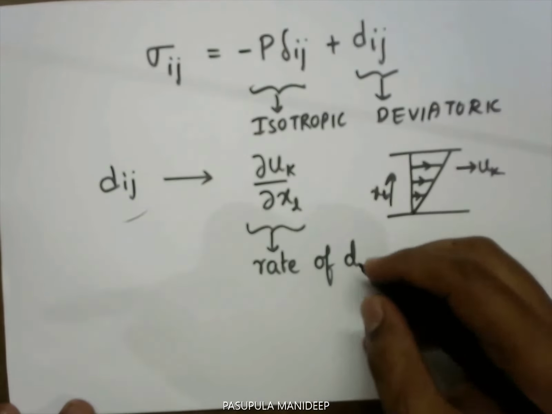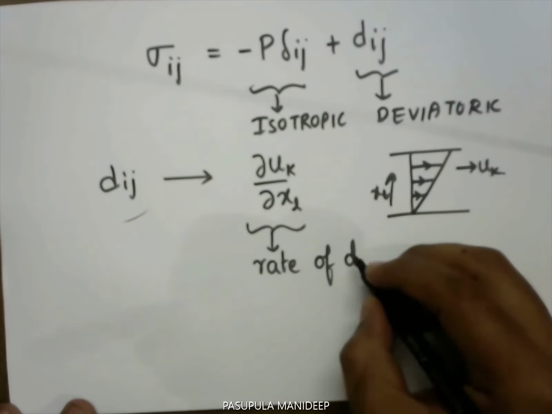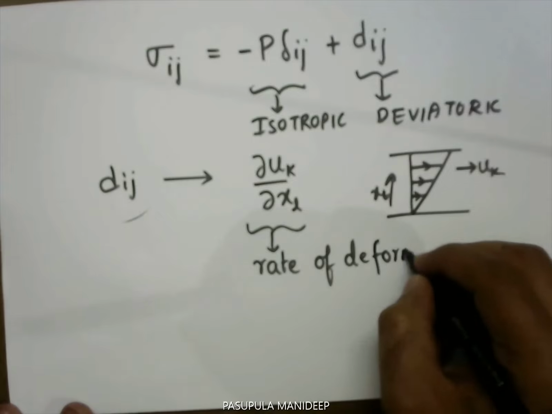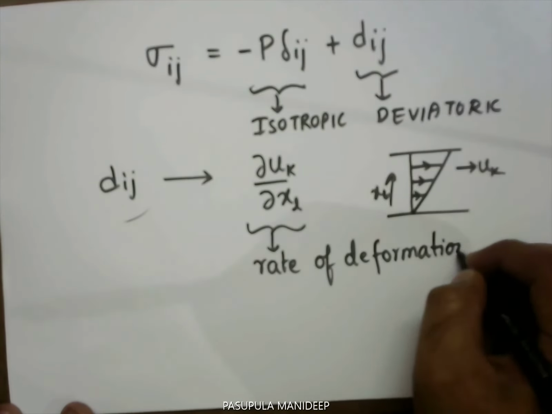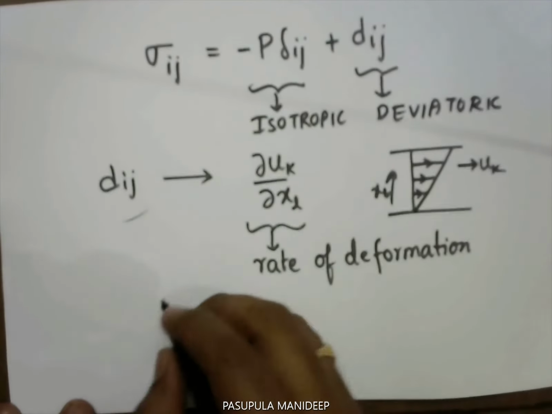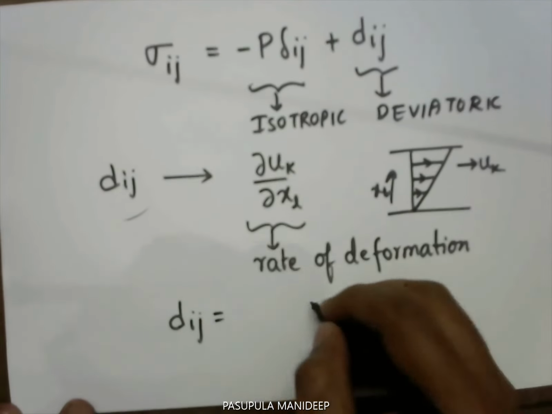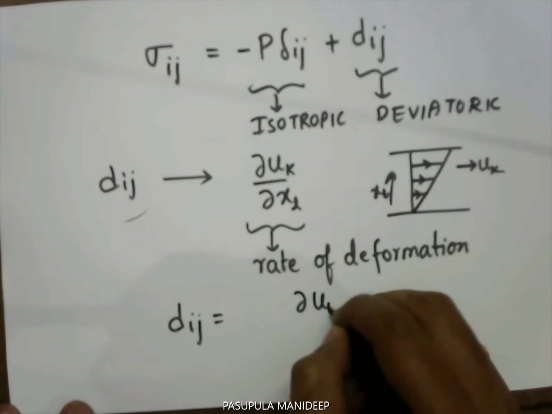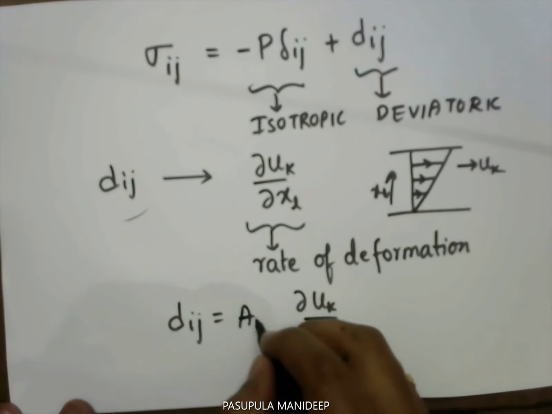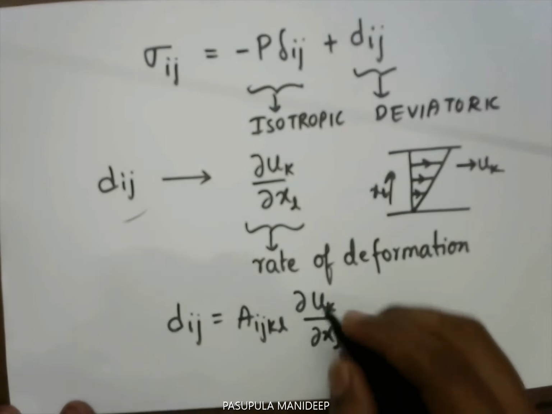I have taken the indices from the rate of deformation tensor. I have taken these indices because we can equate d_ij to del u_k by del x_l with the help of a fourth order tensor A_ijkl.